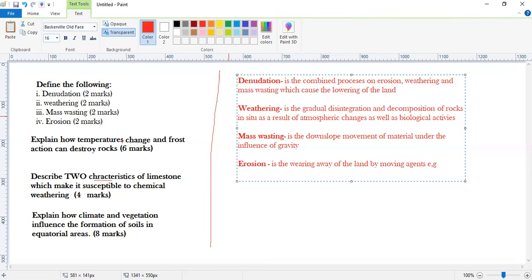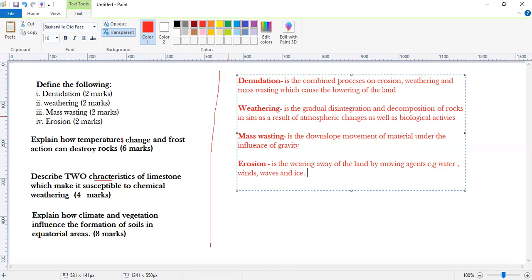So you could put, for example, water, wind, waves, and ice. All right. And you should be able to get your 8 marks for those definitions.